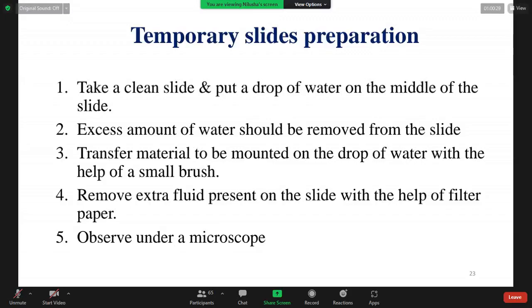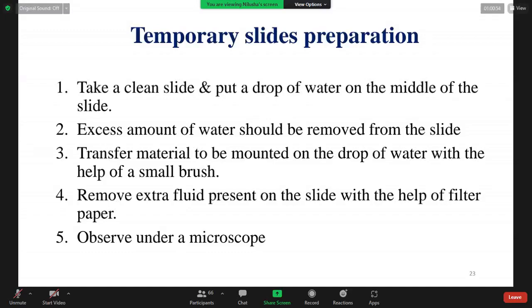If there is extra fluid on the slide, remove it with the help of filter paper, and you can observe under the microscope. Like that you can prepare a temporary slide for observation.